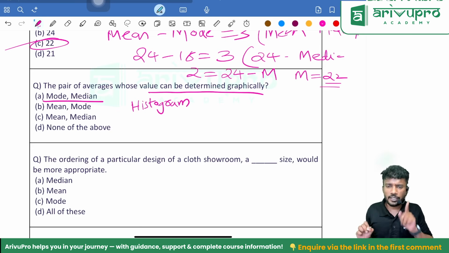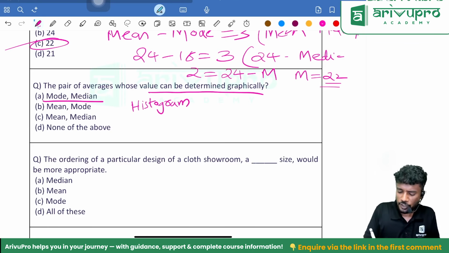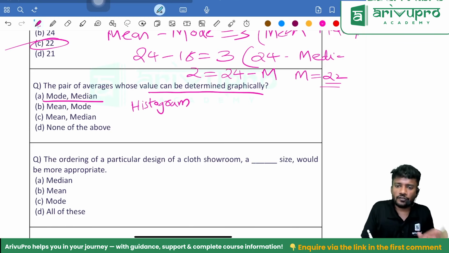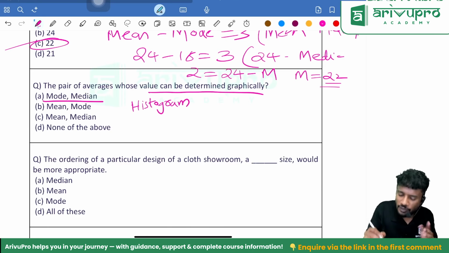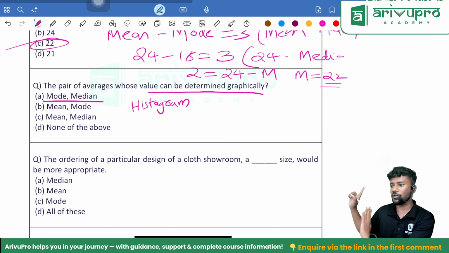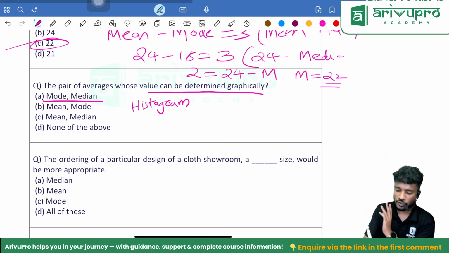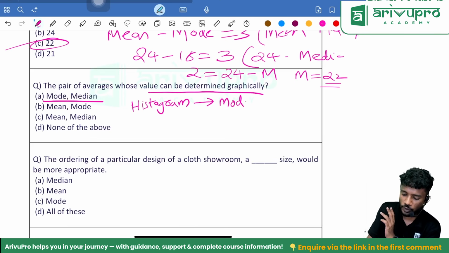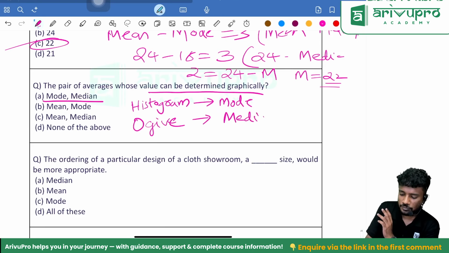Next, using ogive, what is found? Median, partitions, all are found using ogive. So histogram for mode, ogive for median and partitions.